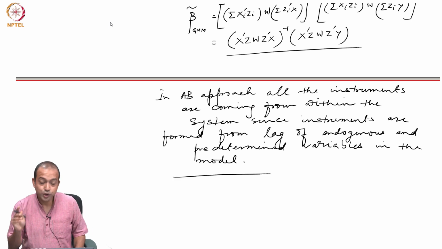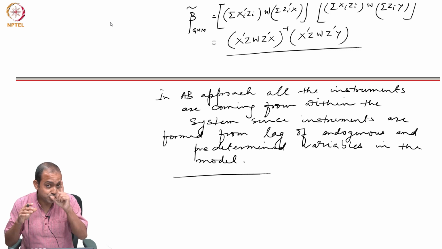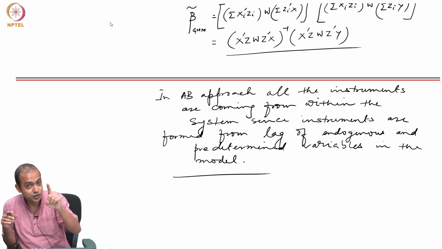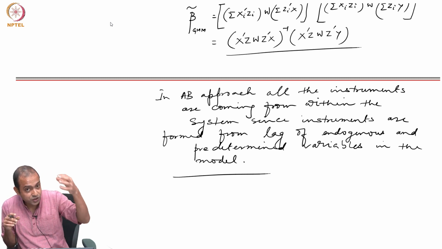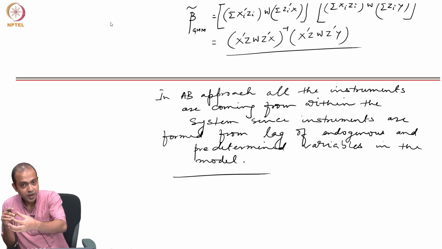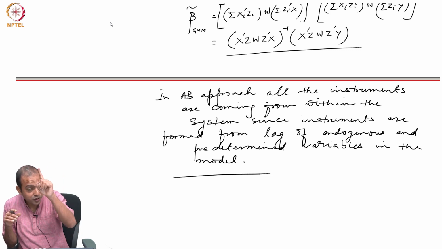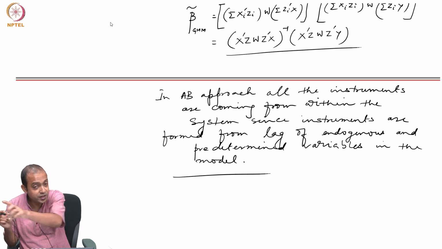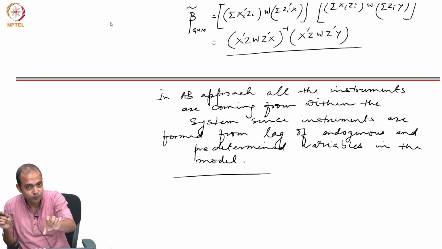So previously when we discussed IV estimation, if you recall, we were searching for instruments from outside. In the context of IV, we were discussing estimating a wage function. Wage is a function of your experience and education, and we discussed that education is an endogenous variable. We were trying to replace education with father's education and mother's education, which was not there in the model.